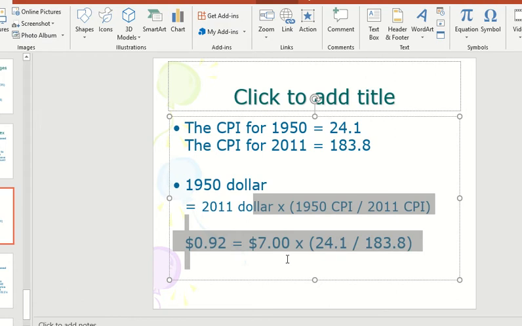You would probably say, well, look how much more I make than you, $7,000 in 2011, and your grandparent earned only $920 in 1950. But when you look at this calculation, although you earned $7,000 in 2011, you have the same purchasing power as your grandparent who earned only $920 in 1950, because of inflation.